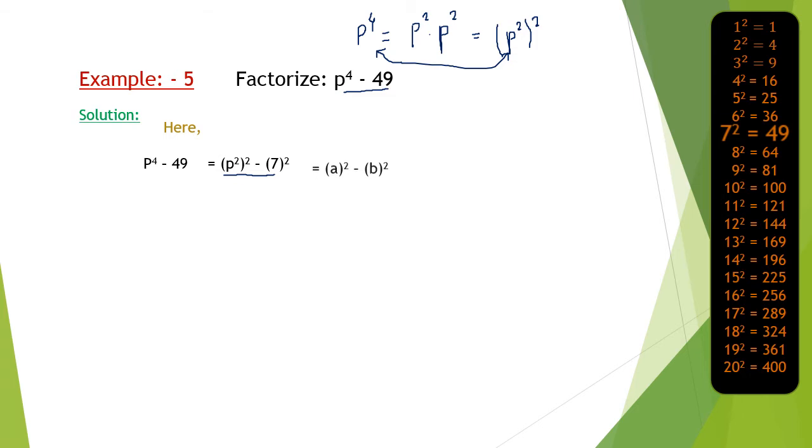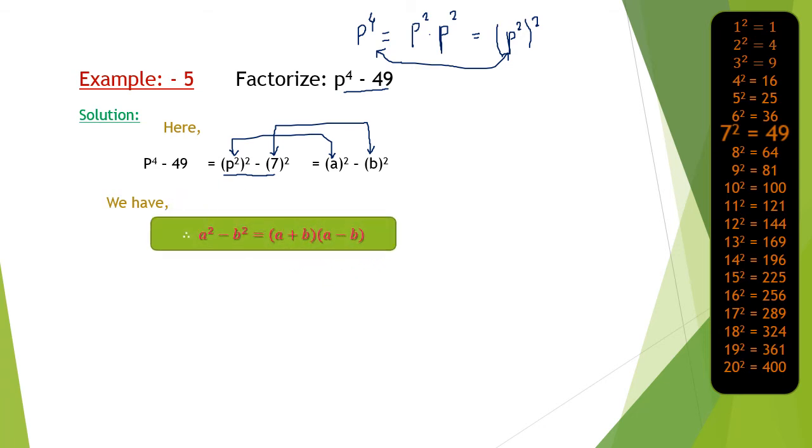Which is equal to a square minus b square. Now a is p square. Now don't make a mistake here. A is not p, it's p square. Now b, we can easily guess, is 7. We have our formula: a square minus b square is equal to a plus b and a minus b.